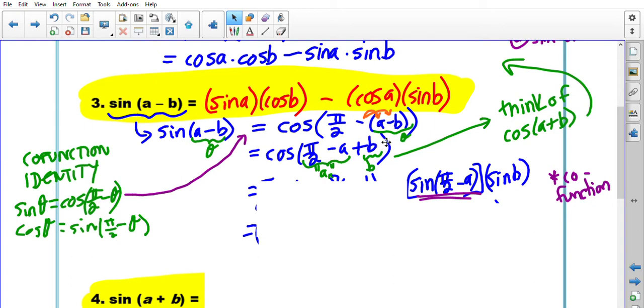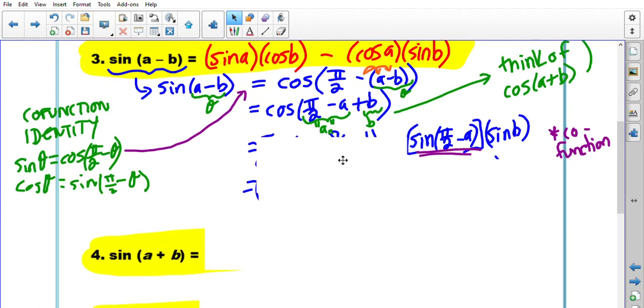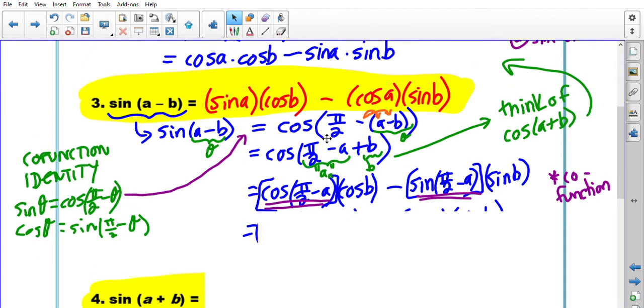If we plug this into our cos(A + B) formula, it's always cos of the first, so cos(π/2 − A) times cos of the second, B, minus, remember if cos has a plus then it switches to minus here, sin of the first part, π/2 − A, times sin of the second part, B.